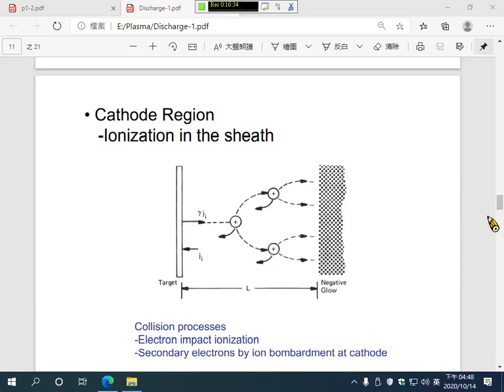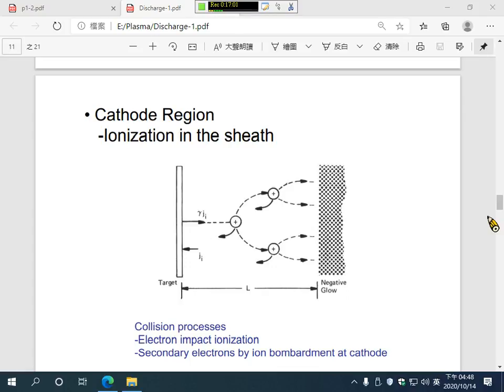So in this region there is an electrical field, pointing from the right to the left side.